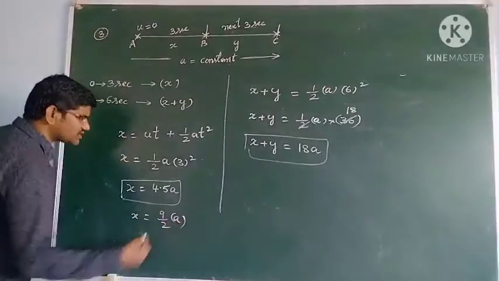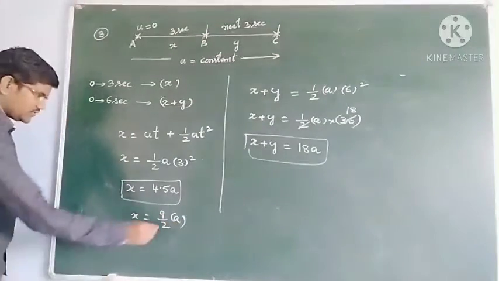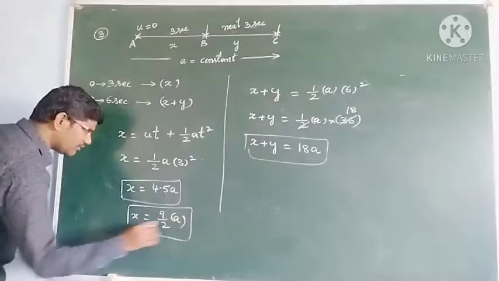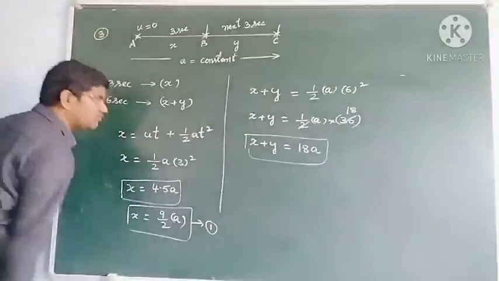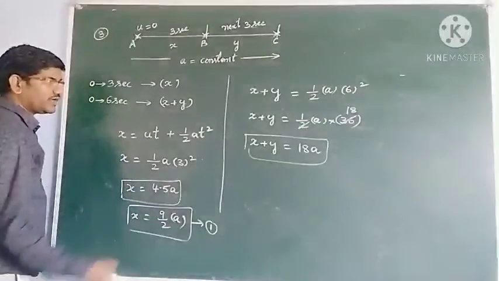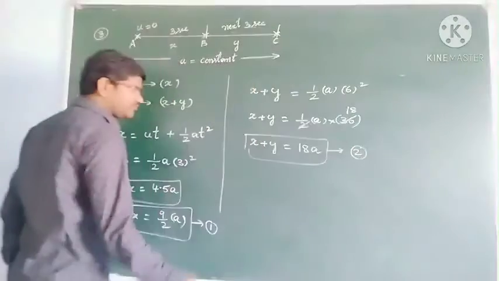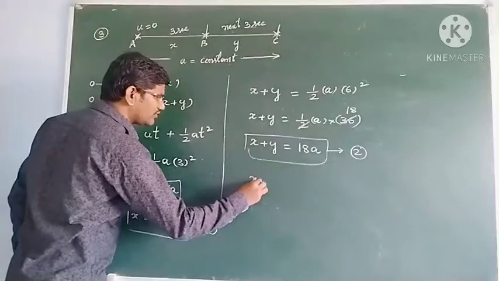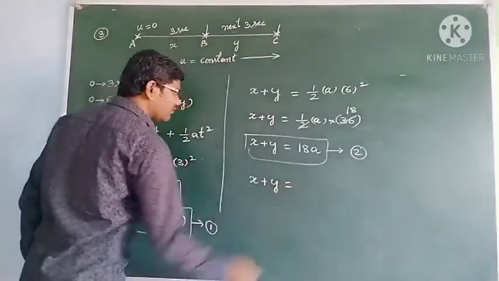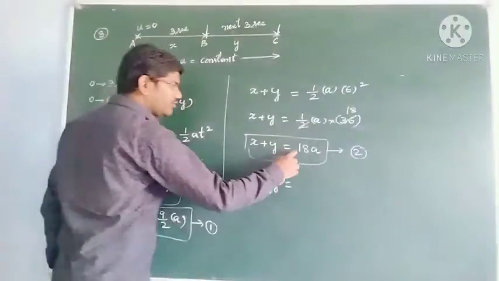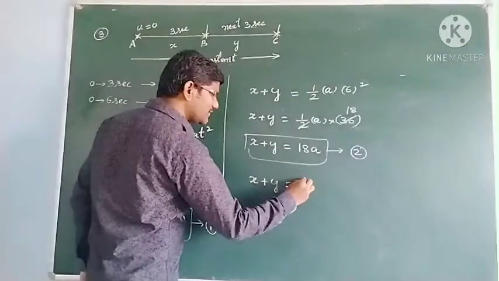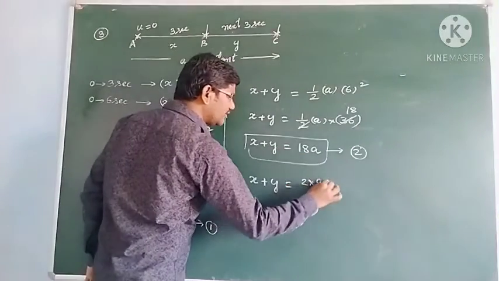This is the relation we got, and this is equation number 1. Substitute 1 in 2, taking this as equation number 2. Now x plus y is equal to 18 into a, and I can write 18 as 2 into 9.